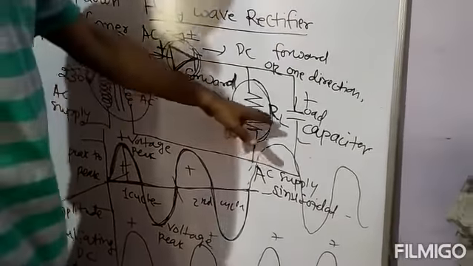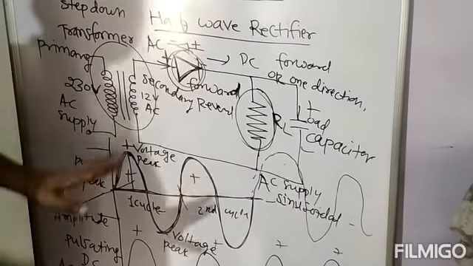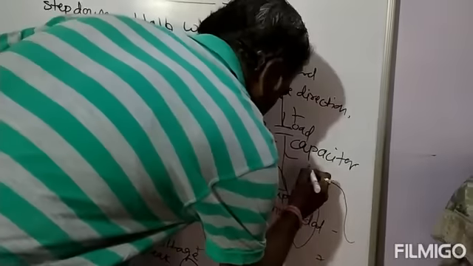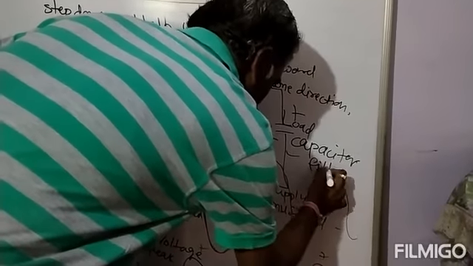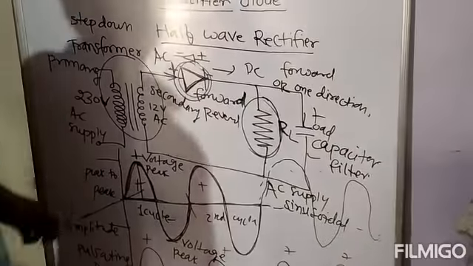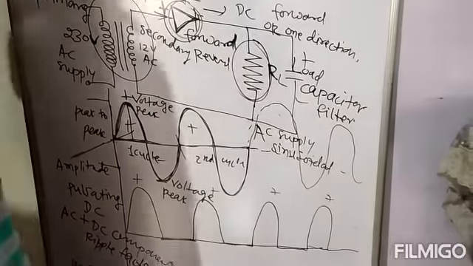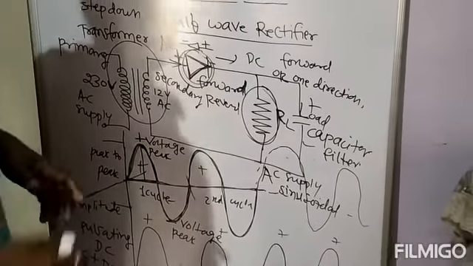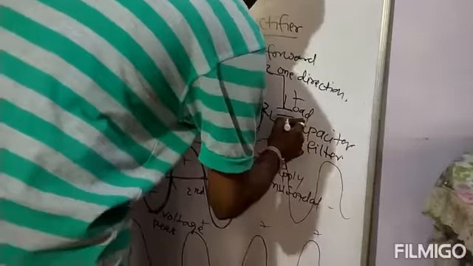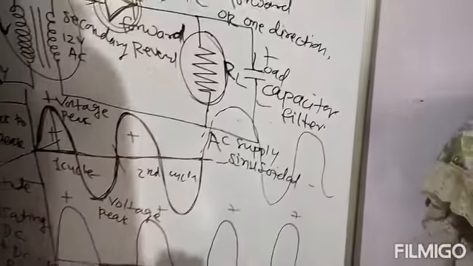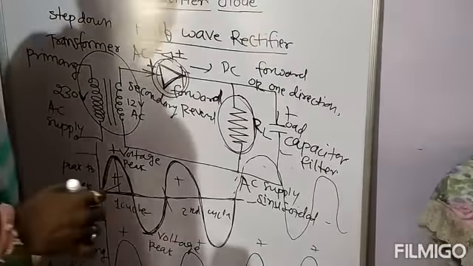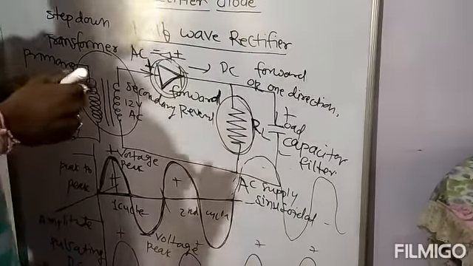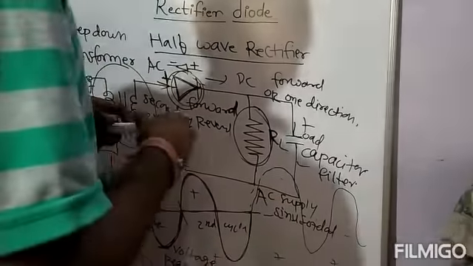What is the function of the capacitor? Capacitor acts as a filter. What is the function of the filter? What will it do for us? This capacitor, which is acting as a filter, what will it do?